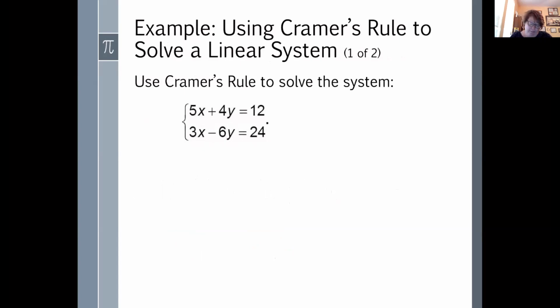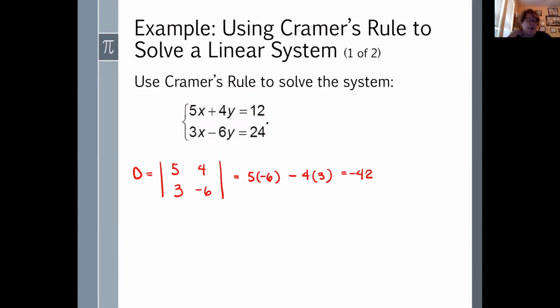That's D. So D is the determinant of the matrix 5, 3, 4, -6. All right, I'm going to find that determinant. I multiply the main diagonal and I subtract from it the product of the other diagonal. And I determine that that is -42.